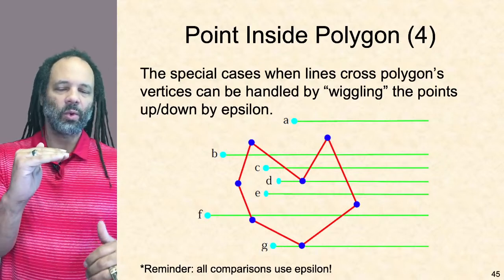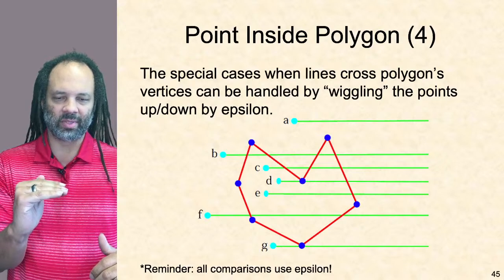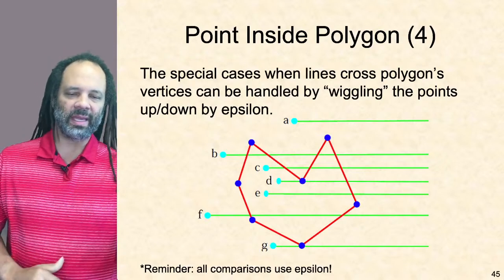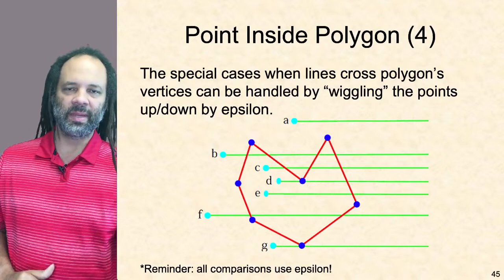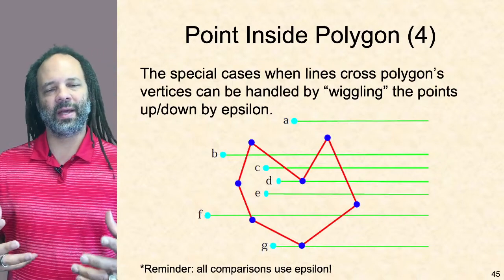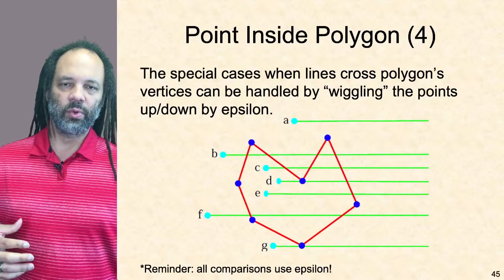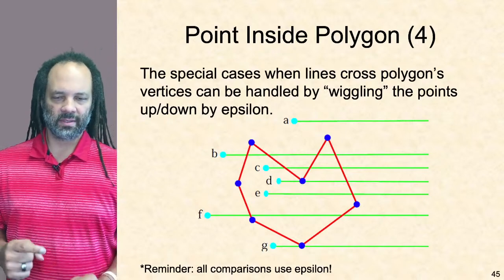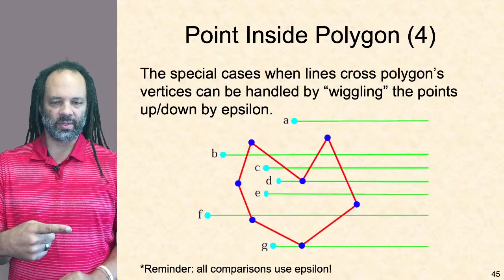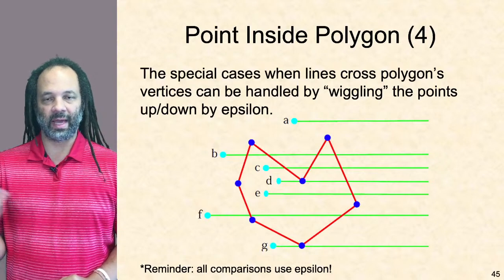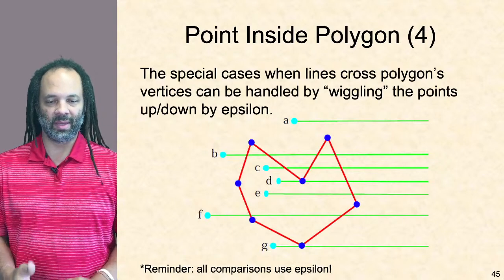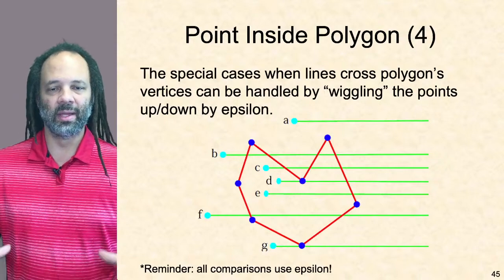Or if I were to wiggle D down just a little bit by epsilon, then I would only be hitting the far edge, and it would still be an odd number. So you can use epsilon here to help you figure these out rather than trying to figure out if this line goes directly through a vertex. Same thing with G. As I wiggle that up, you see that I hit 2 of them, so I'm definitely outside. Or I wiggle it down, I'm hitting nothing in the polygon altogether, so I'm definitely outside.